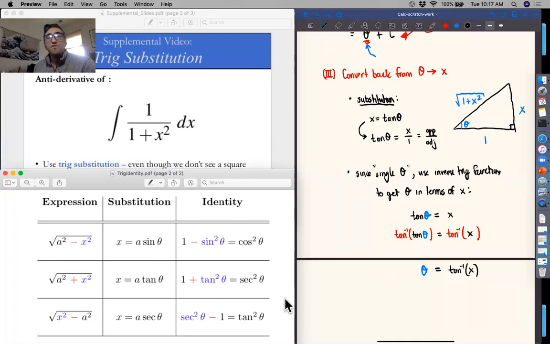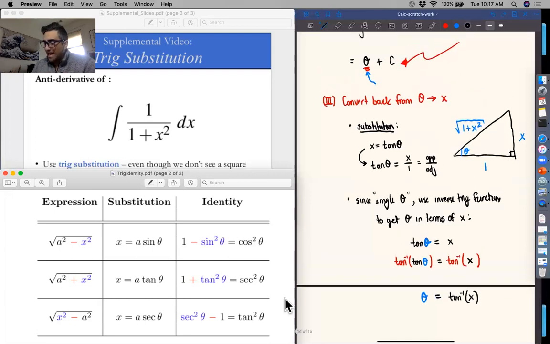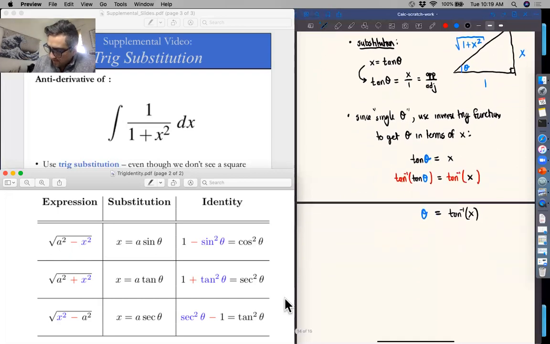So what we found for this case, again, going back to our antiderivative up above, is, to remind ourselves, we had the original integral of 1 over 1 plus x squared dx. We eventually saw through our trig sub that this was equal to theta plus c. I'll just say trig sub.